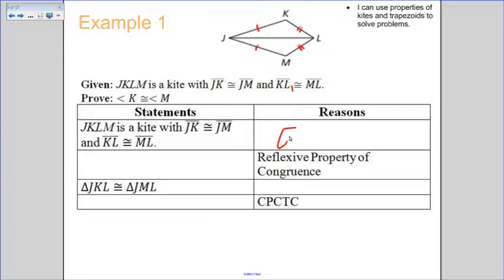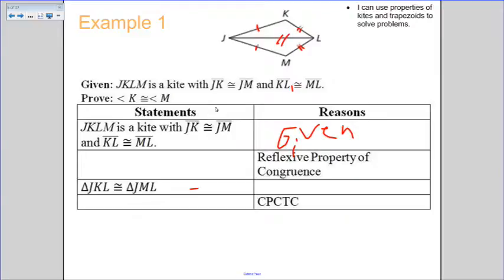That's just a given. Then we have the reflexive property of congruence. Well, what's reflexive? One thing equaling itself. If I'm trying to show triangles congruent, as you can see down here, I'm probably going to look up here and say, okay, the only thing to show congruent here is side JL.